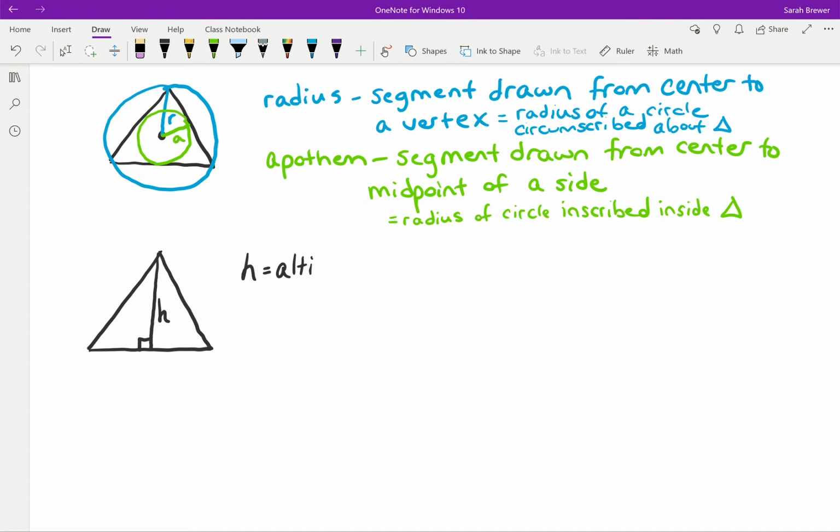Commonly R for radius, A for apothem, H for height. That's why I'm using those, but they could be any variables. When we say altitude, we mean a segment drawn from a vertex perpendicular to the opposite side.